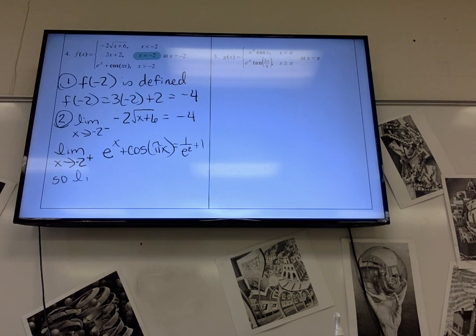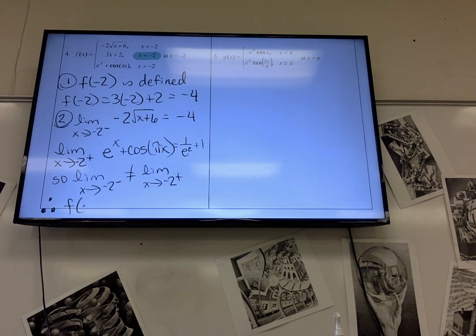So those two limits are not equal. Cosine of -2 pi, yeah. So is cosine x or y? Cosine's x.